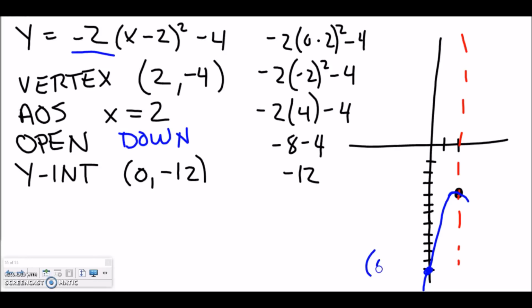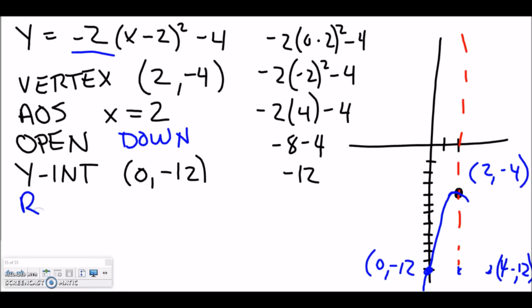So again, if this is (0, -12), and this is (2, -4), where would my reflective point go? Well, I know it would be 12 down. What would the x-coordinate be? Well, from 0 to 2, then from 2 to 4.